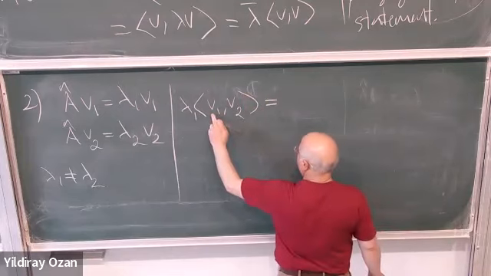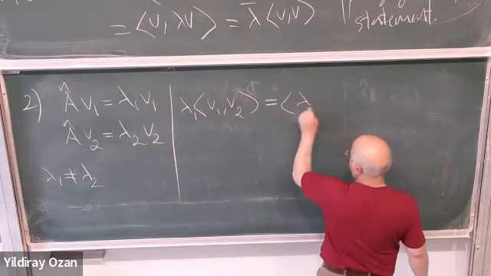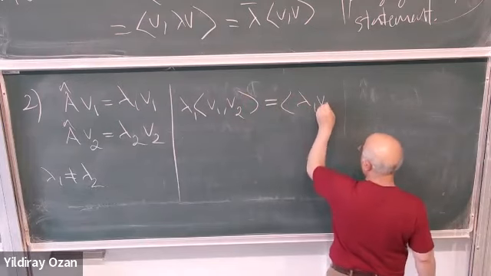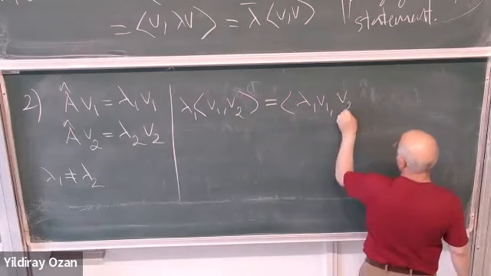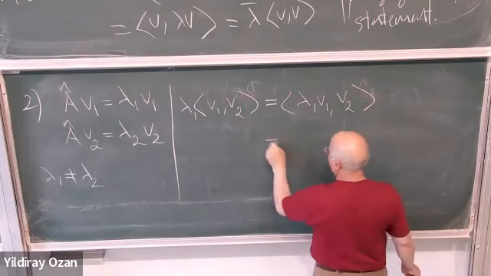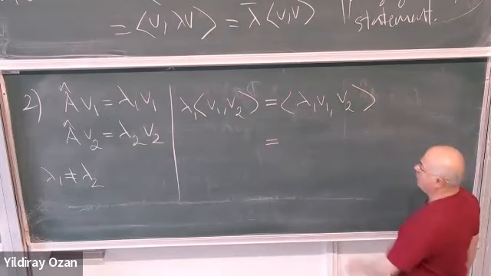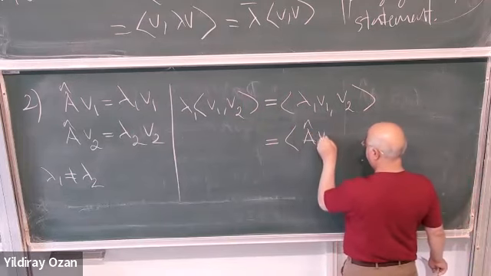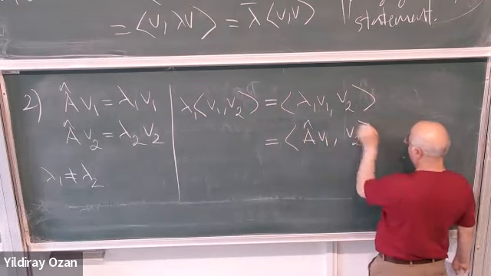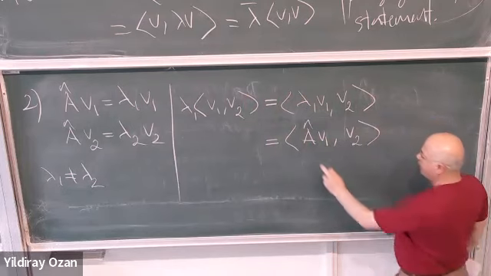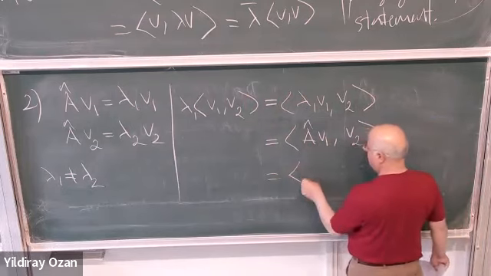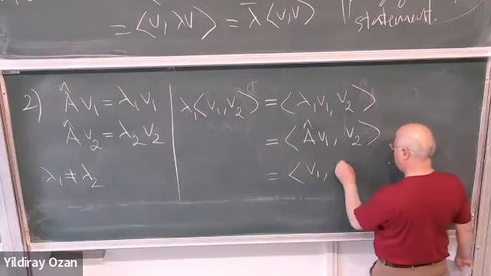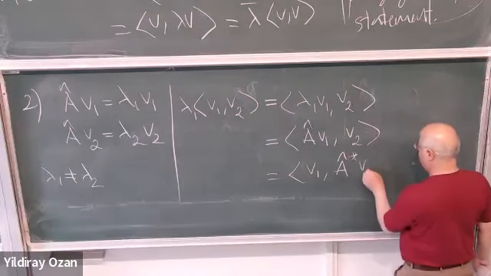Now I can write it like this: lambda 1 V1, V2. But lambda 1 times V1 is just A applied to V1, V2. And then I can take this to the other side: V1, A hat star V2.